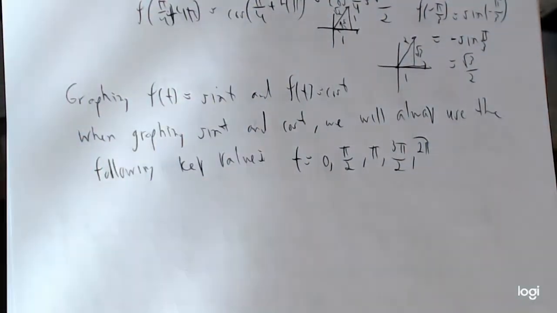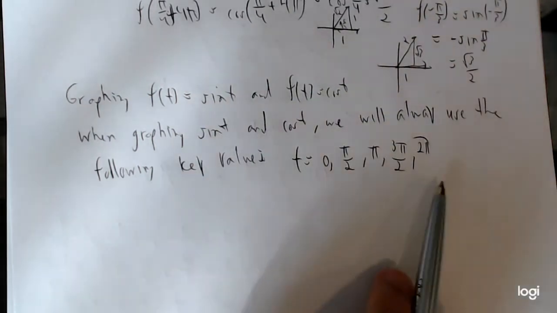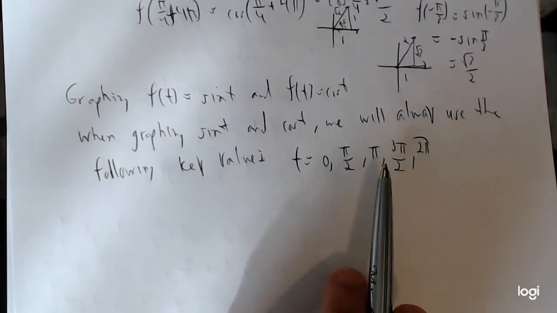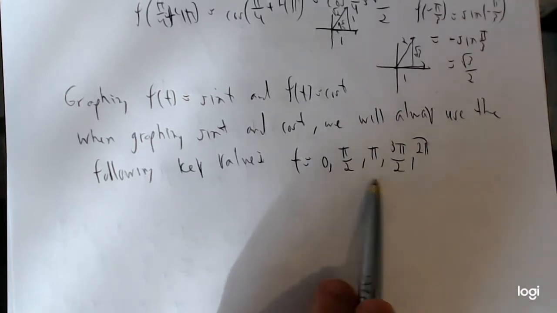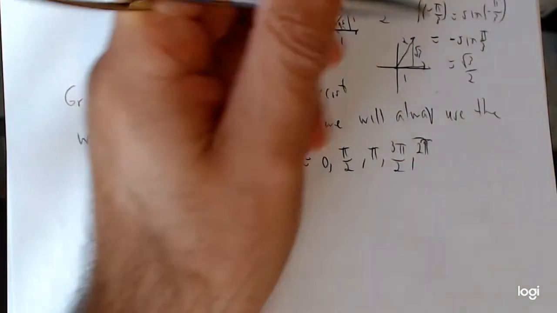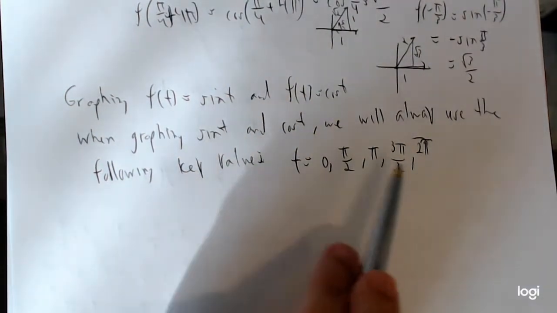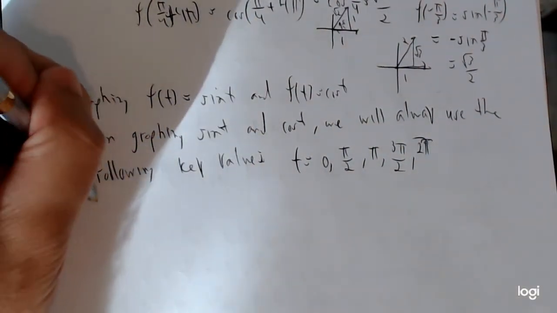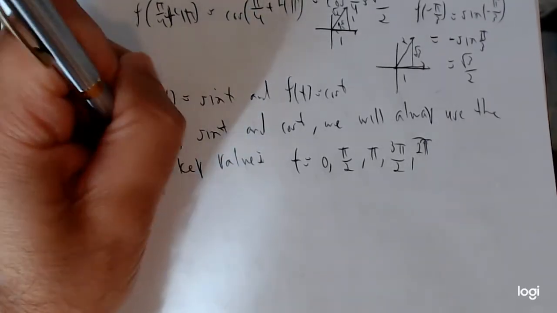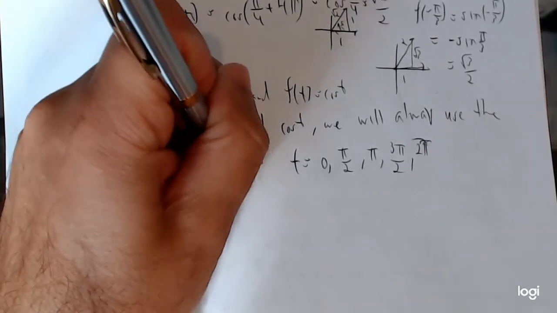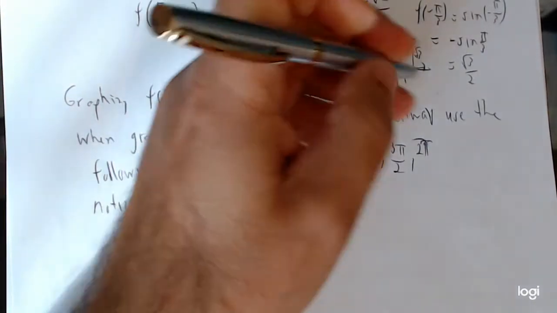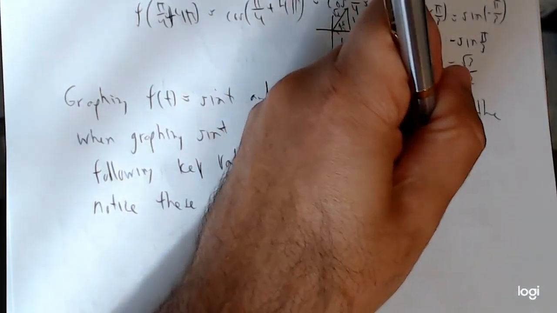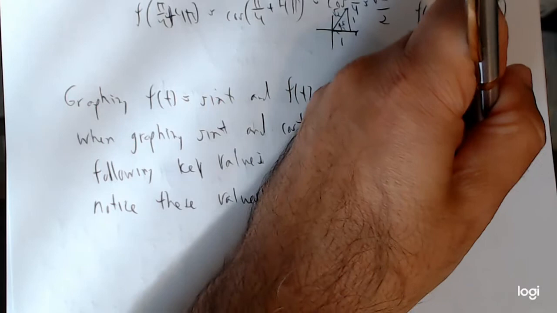Notice these are nice values. Why? Because they're quadrantal. So what do I know? Sine and cosine are either going to be 0, 1, or -1. And this will do a good enough job of getting us to see what the graph looks like. Okay, so this is what we want to do. And a comment I want to make here is that notice these values start from 0 and end at 2 pi.